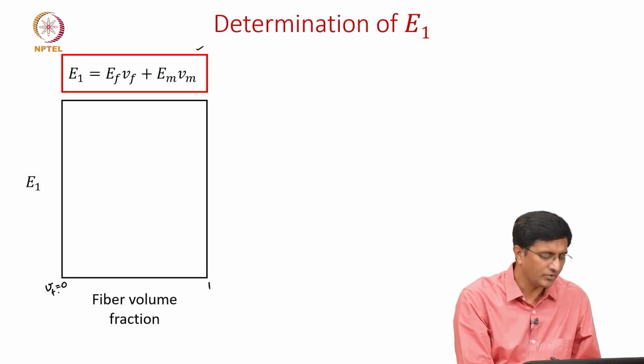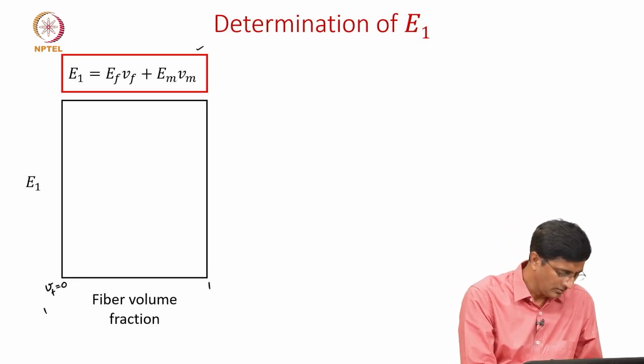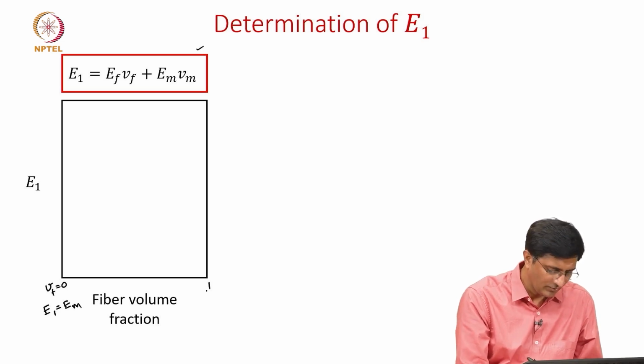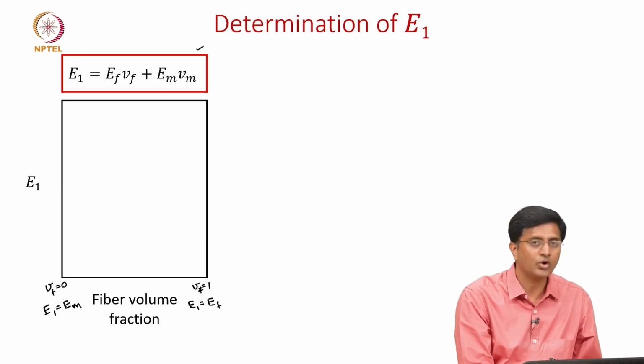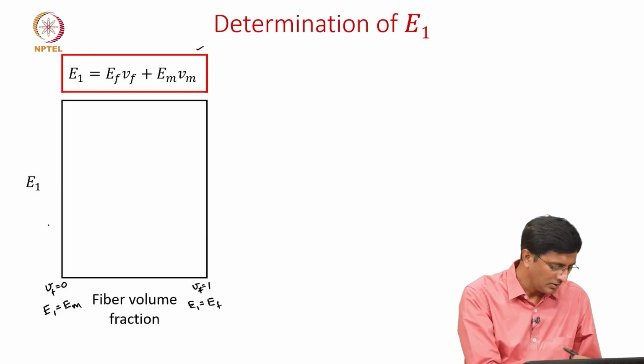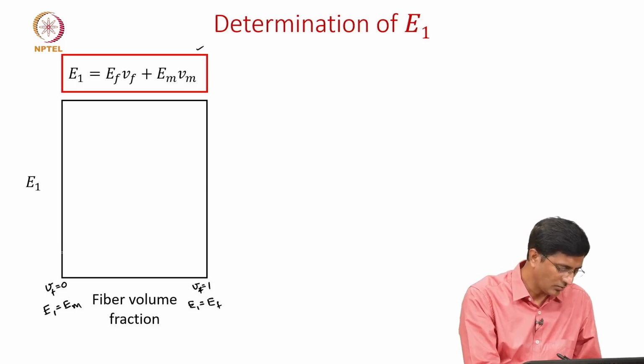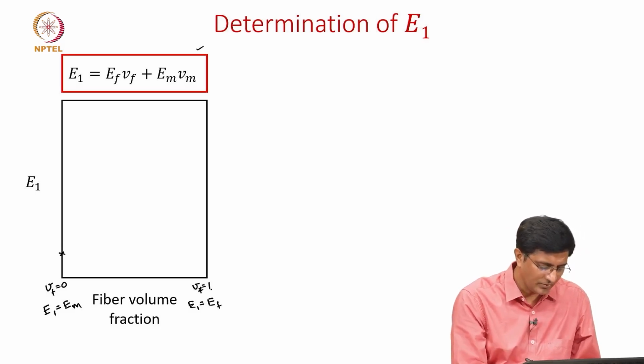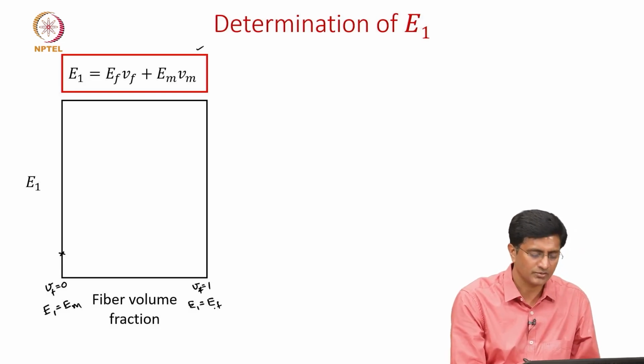When we substitute Vf equal to 0 in the equation, we get E1 is Em, and when we substitute Vf equals 1, we get E1 is Ef, which means at 0 fiber fraction, E1 is simply the elastic modulus of the matrix, and when Vf is equal to 1, it is the elastic modulus of the fiber.